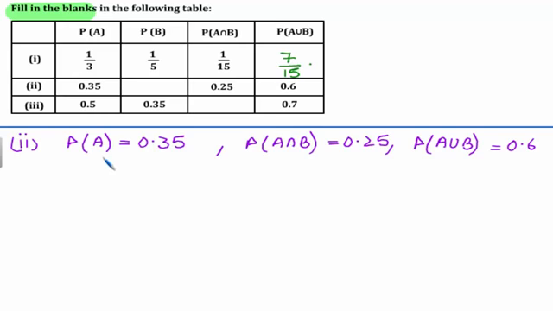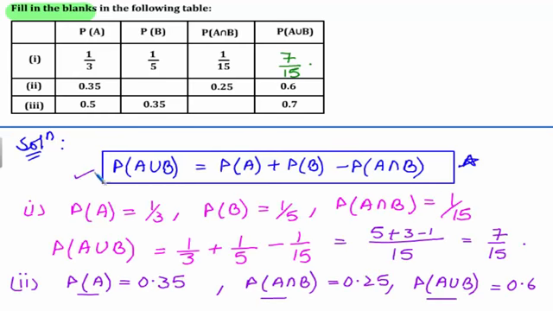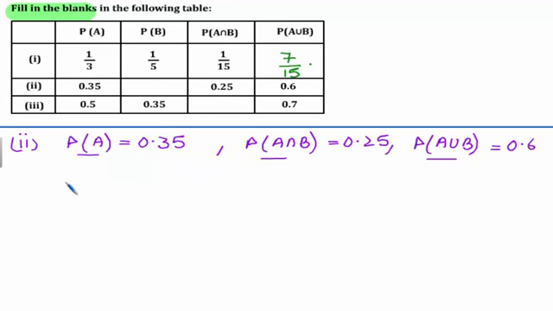Now, substituting the three values in this formula to get the probability of B. Probability of A union B is 0.6, and this is equal to probability of A, which is 0.35, plus probability of B minus probability of A intersection B, which is 0.25.